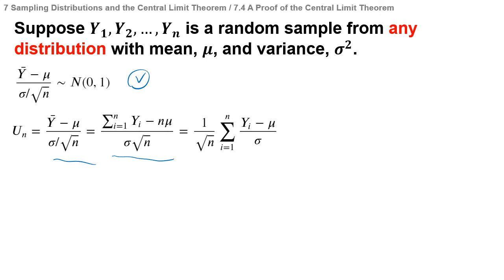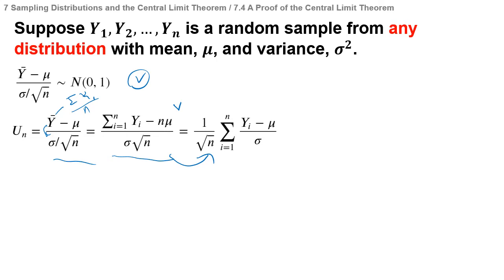Sum of yi minus n mu, and actually y bar is the sum of yi's divided by n, and so you can get n down here, and then you get this notation. And also you can represent this notation with this one.